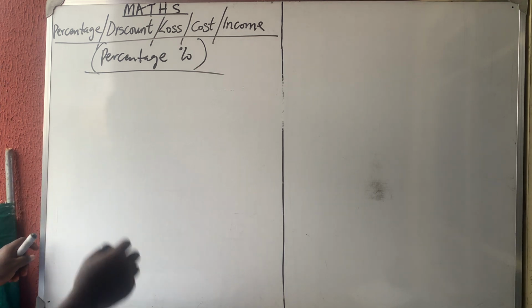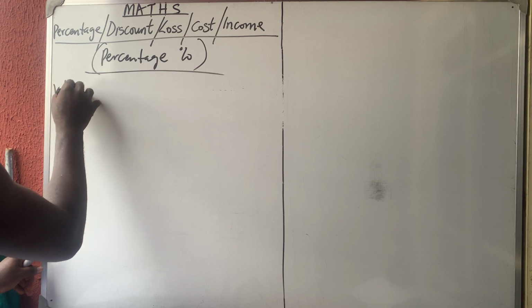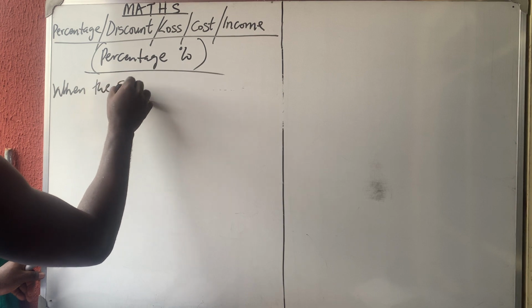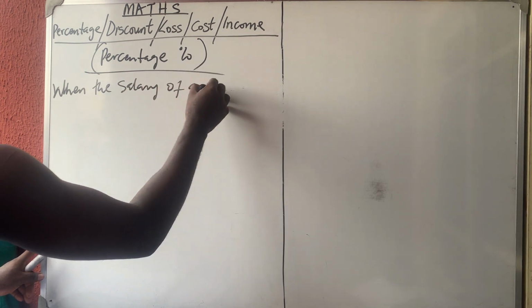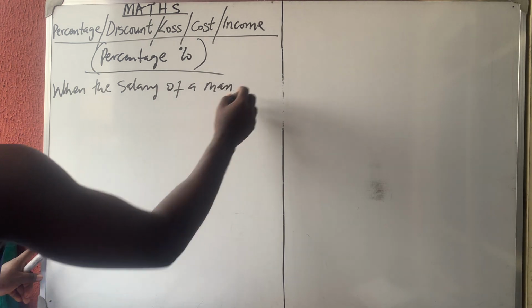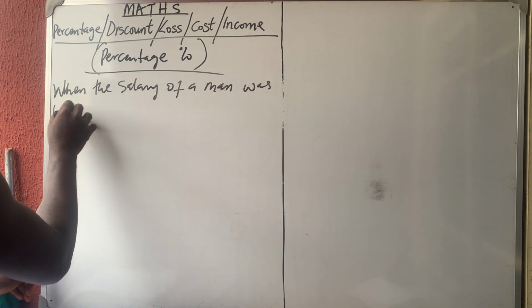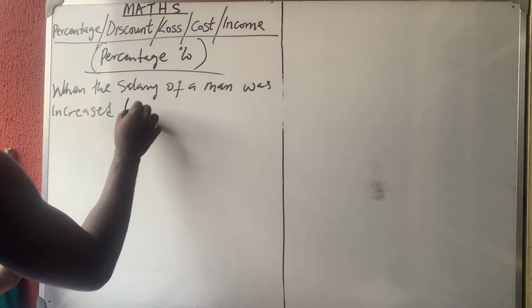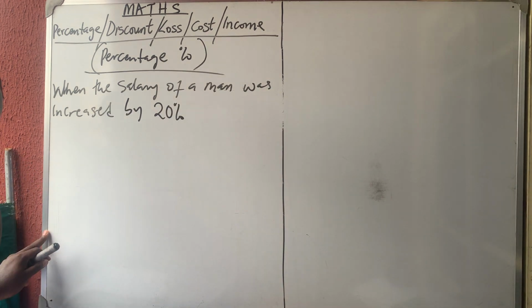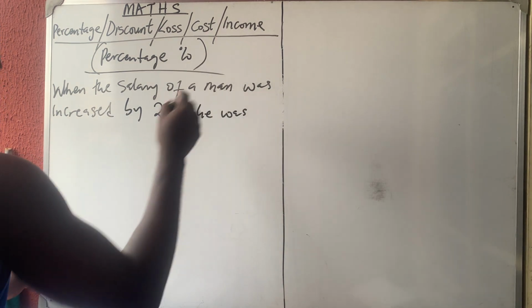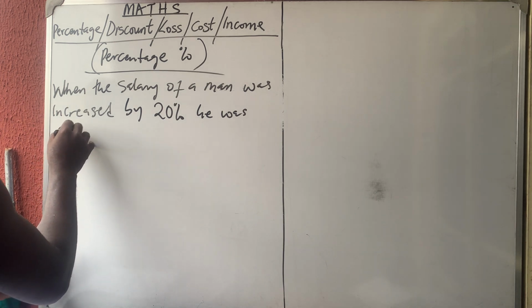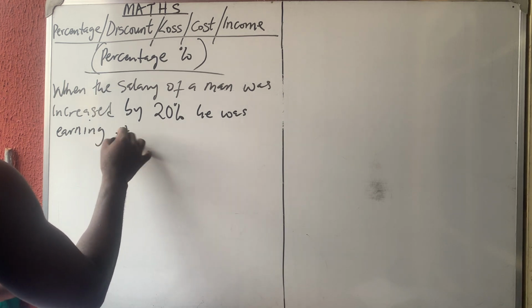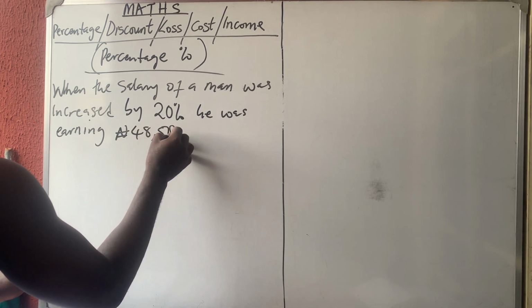So the next question said, when the salary of a man was increased by 20%, he was earning 48,500 naira.